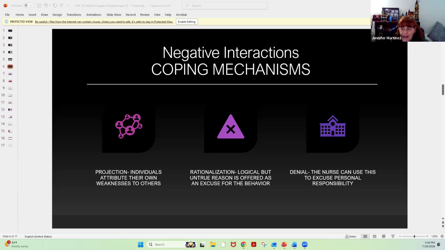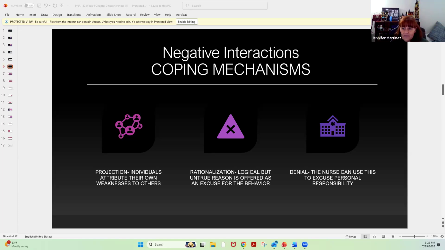And so now this patient has this label of being uncooperative or being a troublemaker, and this is going to get passed from one nurse to the next. So we've now labeled this person, and it's going to affect the way other nurses interact with this client, which could be an issue when it comes to their care.